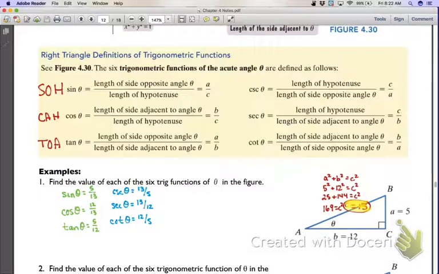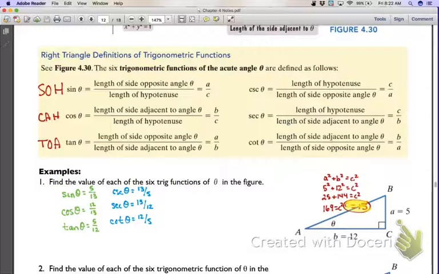What will happen, depending on what angle you have, okay, a large majority of these, the sister function will be bigger than 1. Okay? Because the hypotenuse is always going to be your longest side.